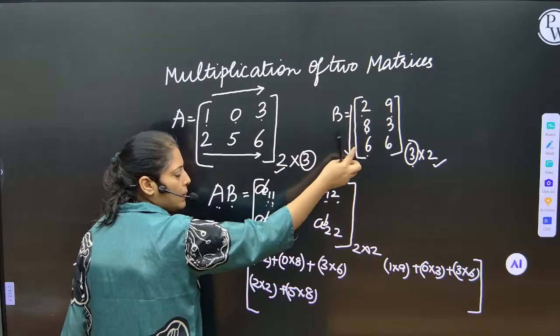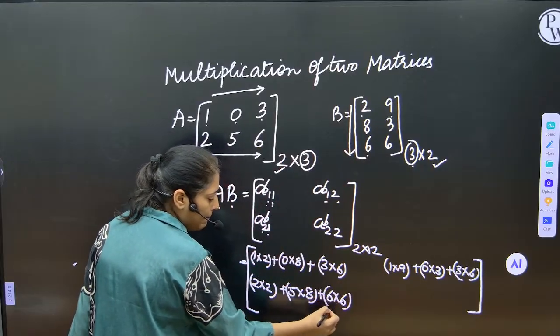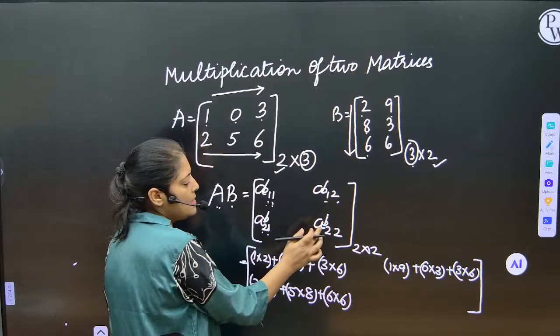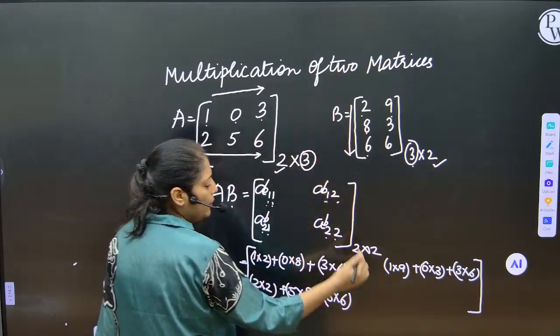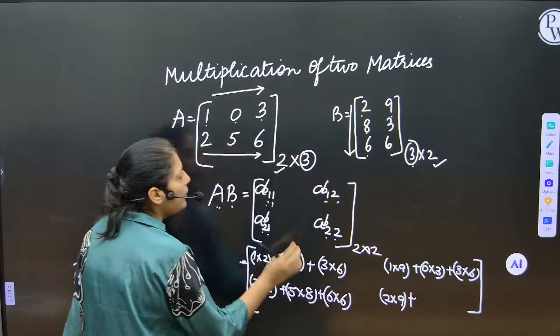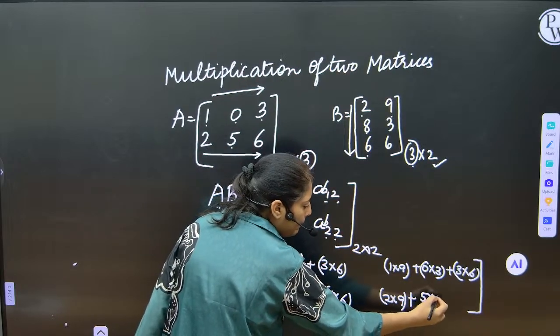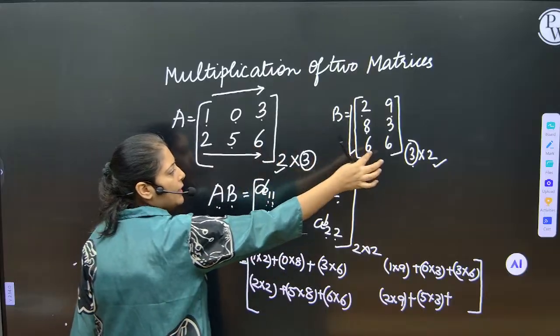Now 6 will be multiplied with 6. Similarly, second row, second column. So 2 into 9, 5 into 3, 6 into 6.